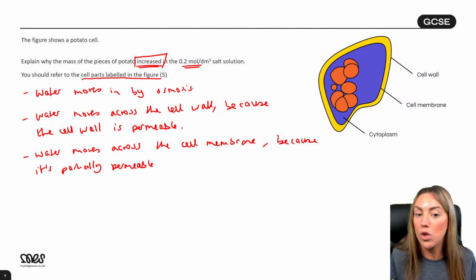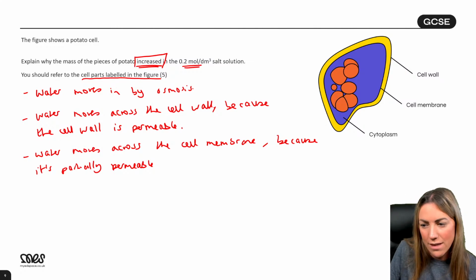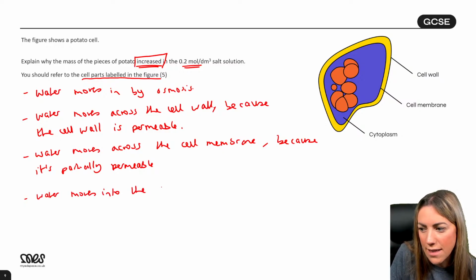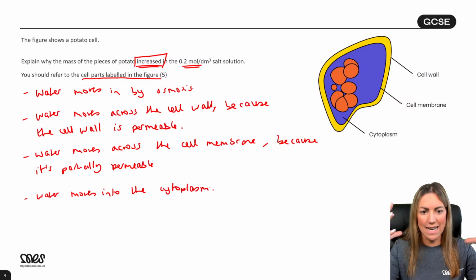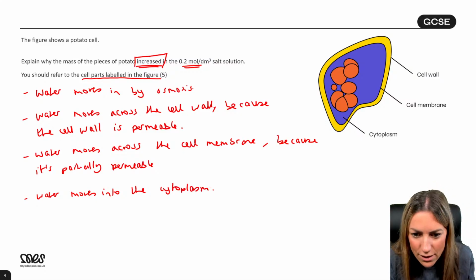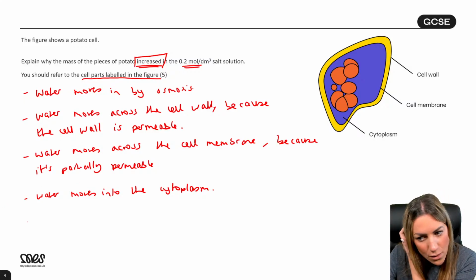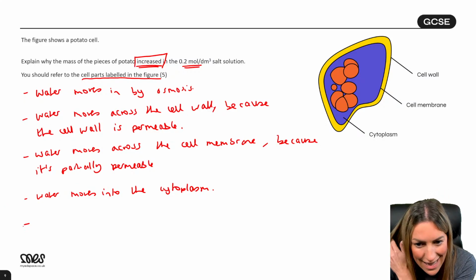Water is one of the molecules that can pass the cell membrane. And then finally, water moves into the cytoplasm. Okay, and obviously the cytoplasm is going to fill up with water, right? Now we've still only got 4 marks. What else do you think we need to say?